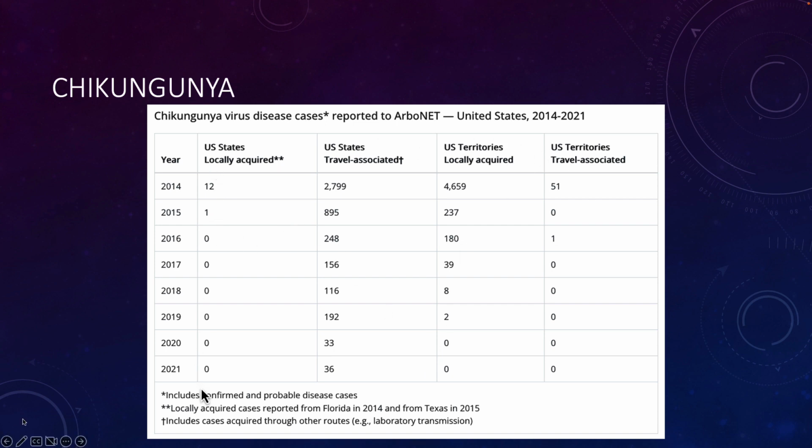As of right now, we don't have a lot of locally acquired chikungunya. And it's not because we don't have the mosquitoes, and it's not because there aren't people present. We haven't reached enough infected people to really establish the infection within the mosquito population.